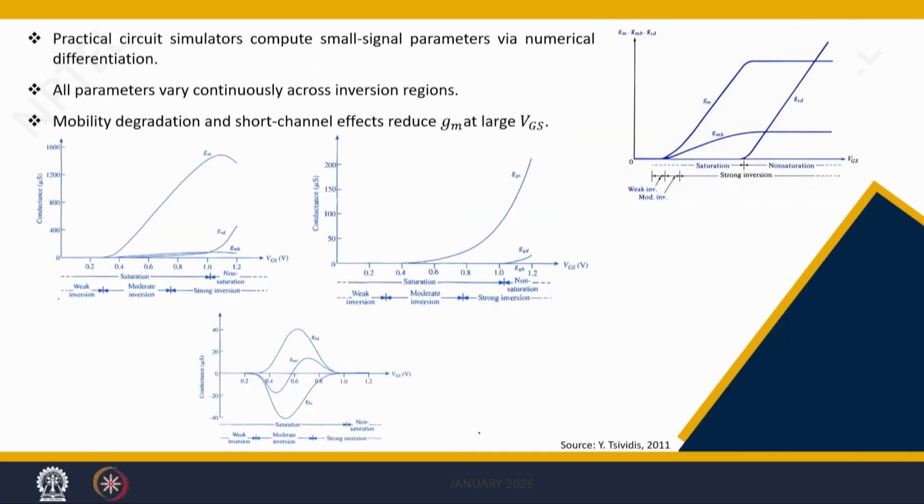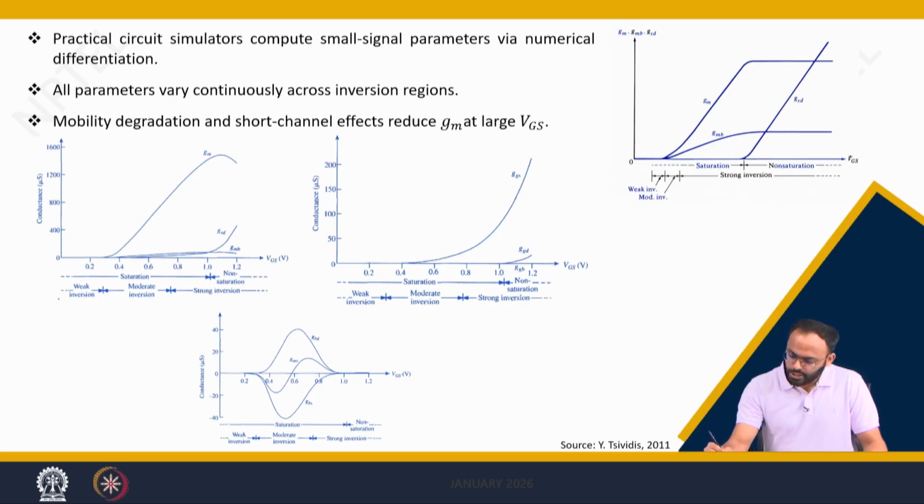We have also plotted a few characteristics with respect to VGS, which show how GM, GMB and GSD vary with respect to VGS. When VGS is very small, you are in weak inversion. Then you are in saturation and then you enter the non-saturation region. In the non-saturation region, GSD will be there, whereas in the saturation region, GSD is negligible. So these graphs look like this.